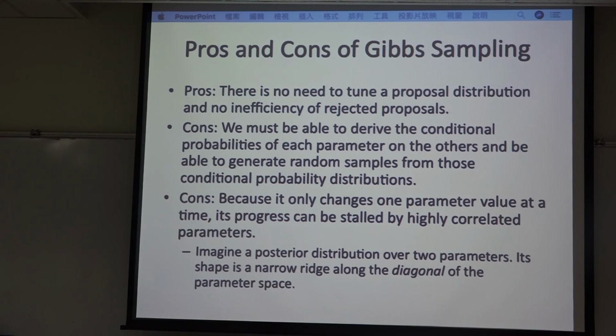Another disadvantage is that because it only changes one parameter value at a time, its progress can be stalled by highly correlated parameters. What does that mean? Imagine you have a posterior distribution over two parameters whose shape is a narrow ridge along the diagonal of the parameter space.